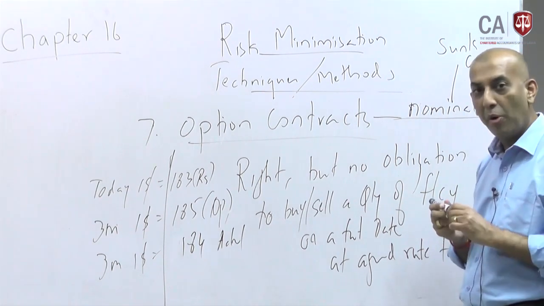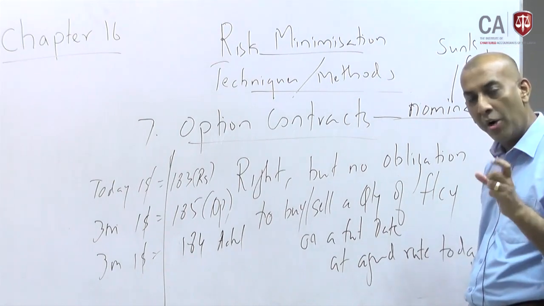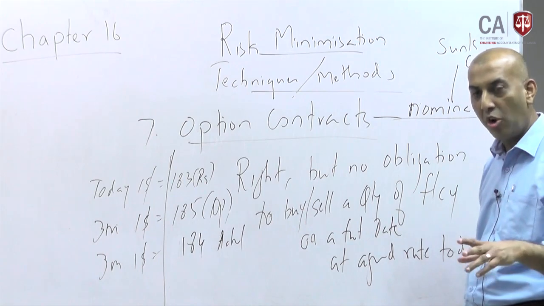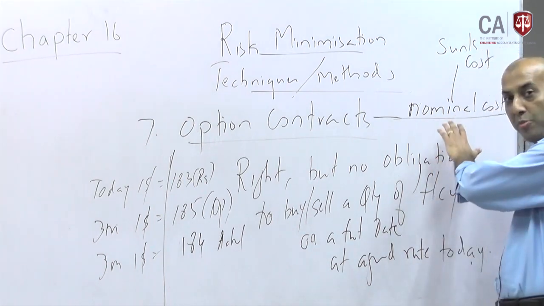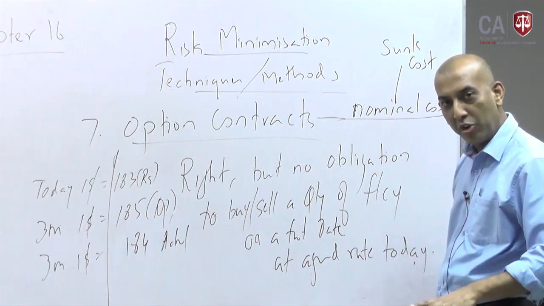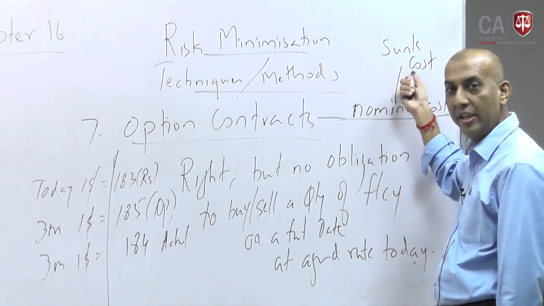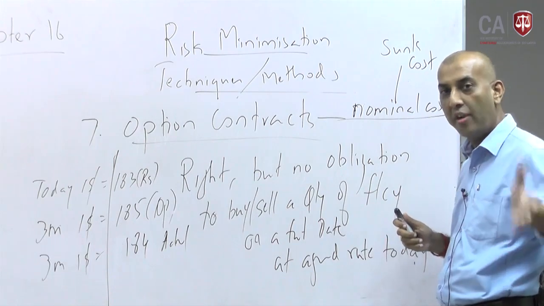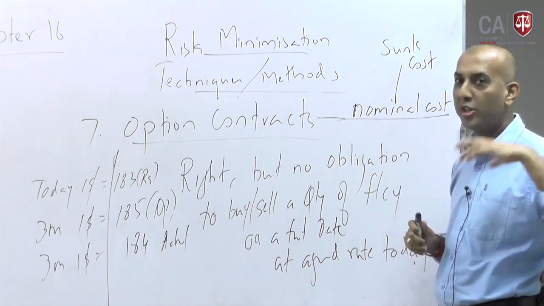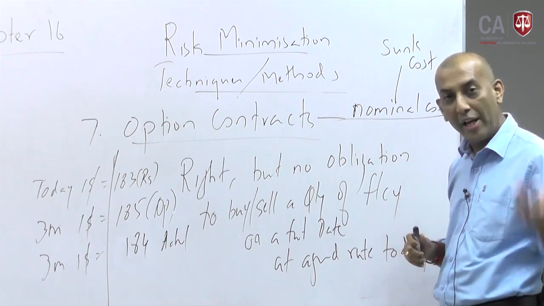Even though you buy the option contract by paying a small nominal amount, whether you exercise the option or not, the cost you paid is gone forever. You cannot recover that cost, therefore it's called sunk cost. Your decision making is not relevant to the cost incurred. Just because you have incurred the cost, you are not obliged to exercise.